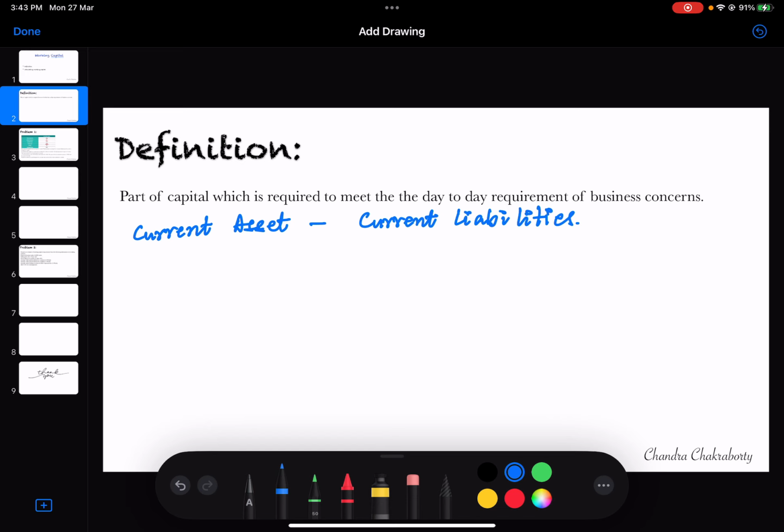So, the working capital is current asset minus current liabilities. Now, if your liability is more than the asset, then of course your working capital will be negative. Now let's solve a few questions to get a better understanding on how to calculate the working capital.